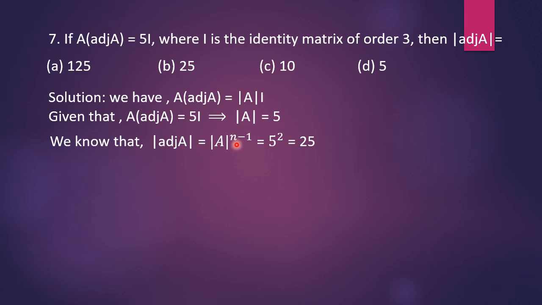Here n is the order of the matrix, and clearly the order of the matrix is 3, because here I is given, which indirectly indicates that A is also a matrix of order 3. Then only this is possible here. So determinant A is 5, 5 square is 25. That is the option B here.